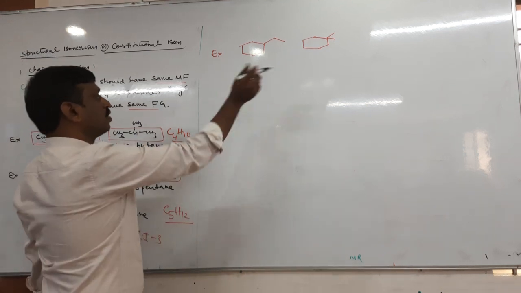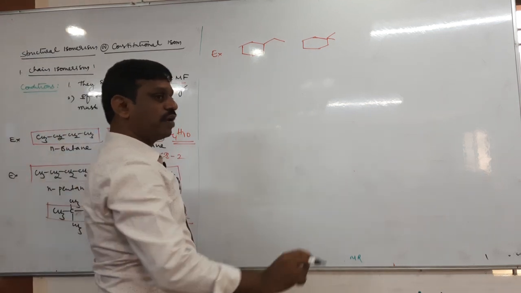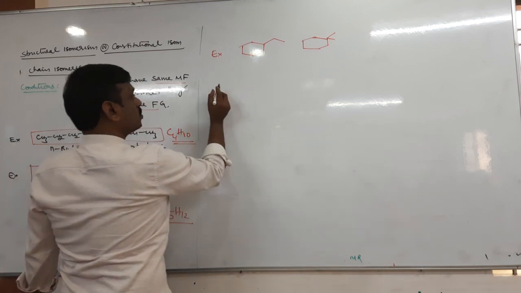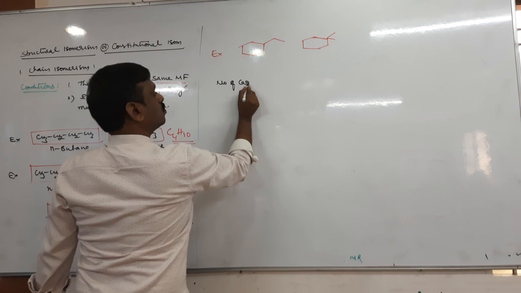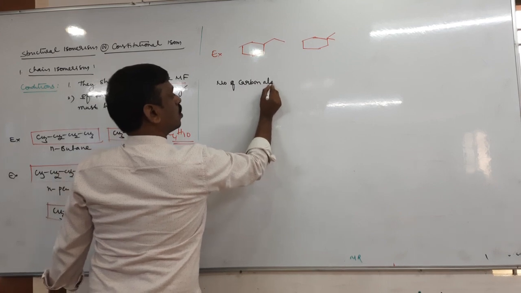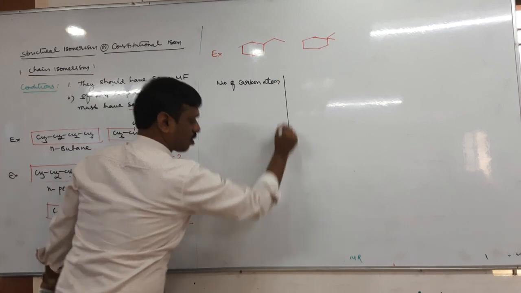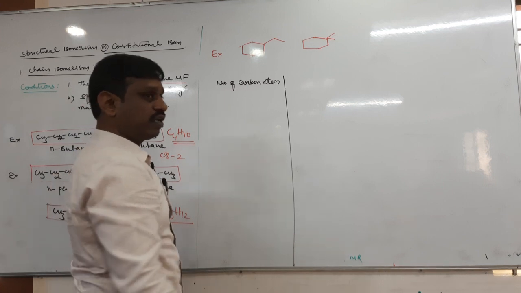Comma, as the number of carbon atoms increases, what happens? Chain isomerism increases.